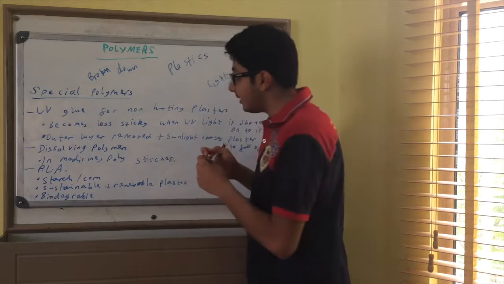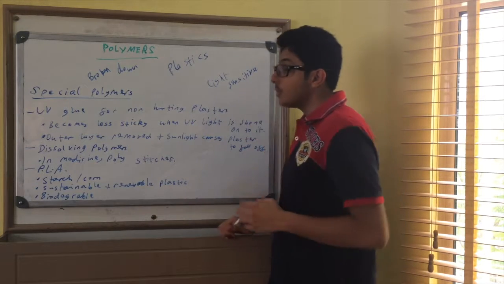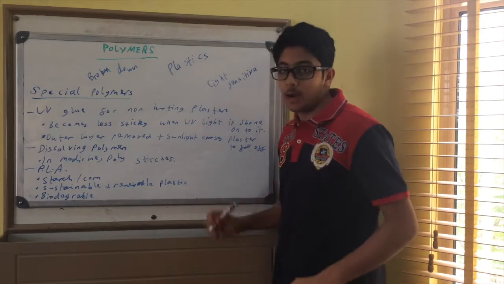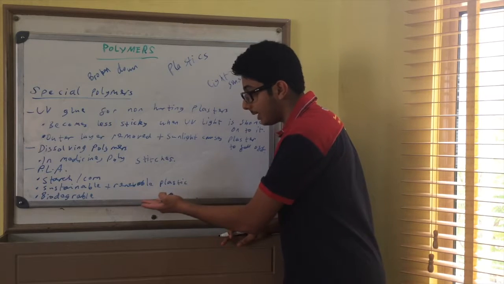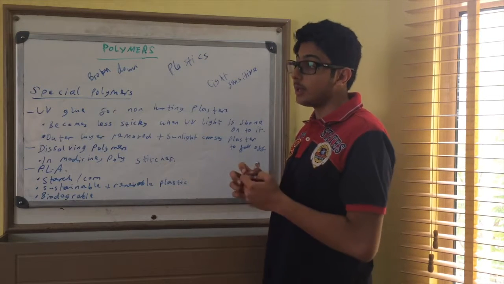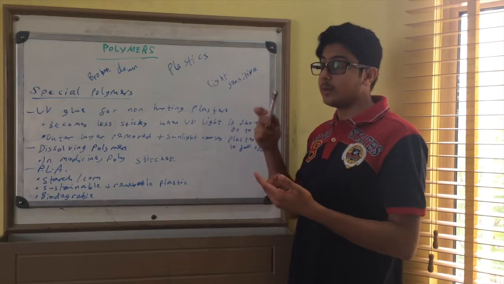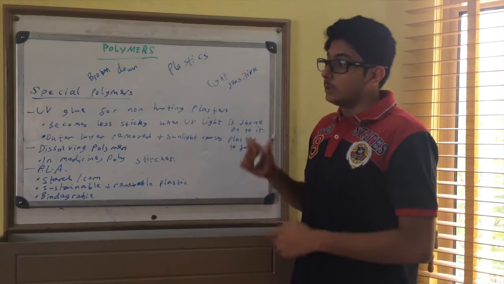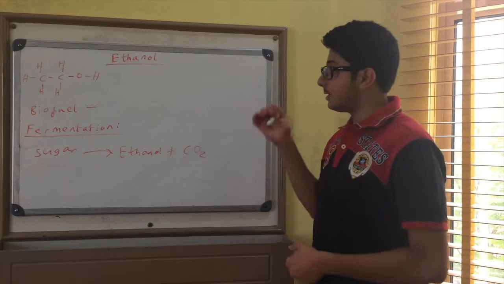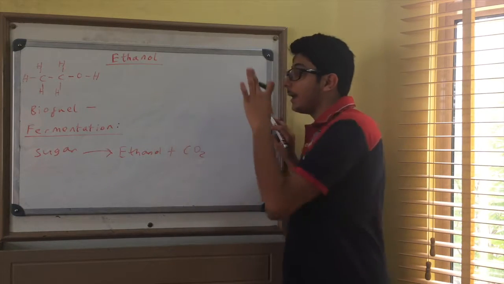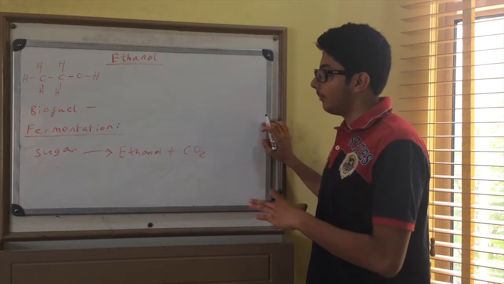And the main disadvantage with polymers is that most of them cannot be broken down, but some of them, like PLA, can. And so in the exam, they might ask you questions on this, environmental advantages and environmental disadvantages.